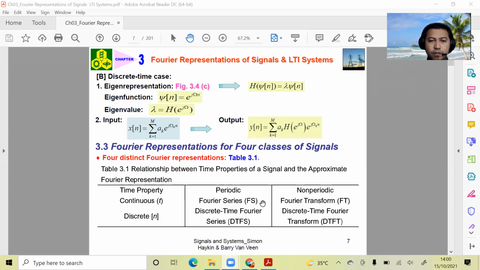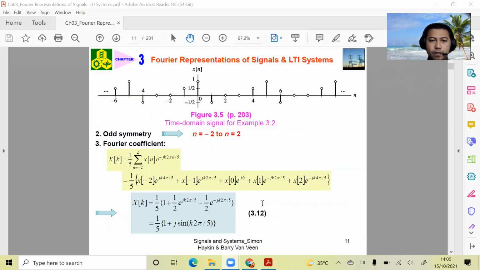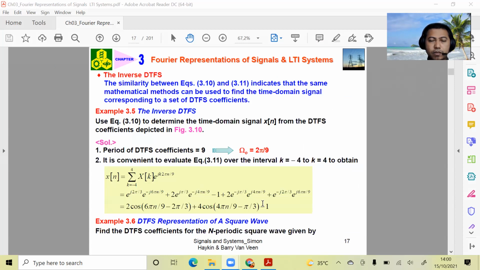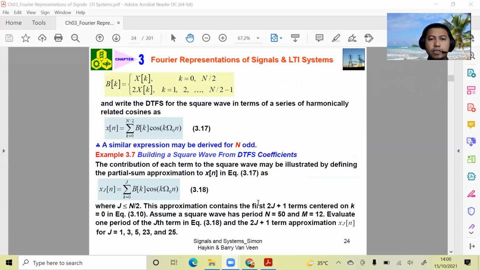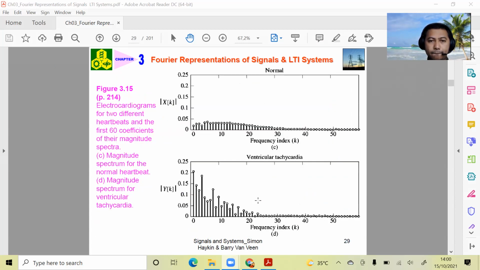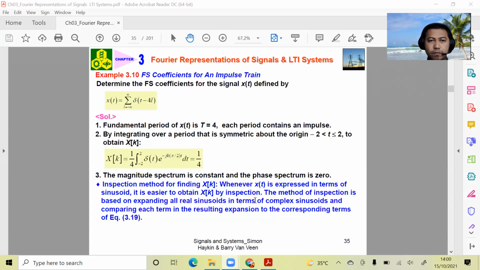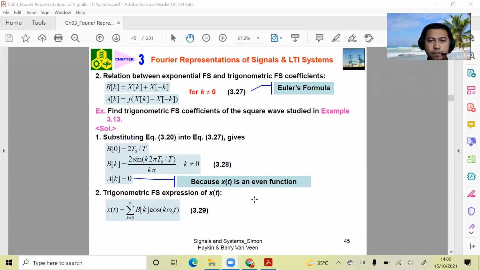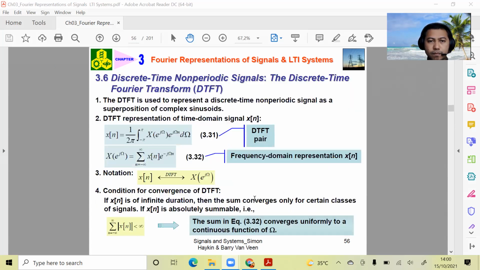This is the discrete time Fourier series. Yeah, we make a bit of a jump. We already talked about the Fourier transform and what to do if we have a discrete signal. Continuous, periodic.